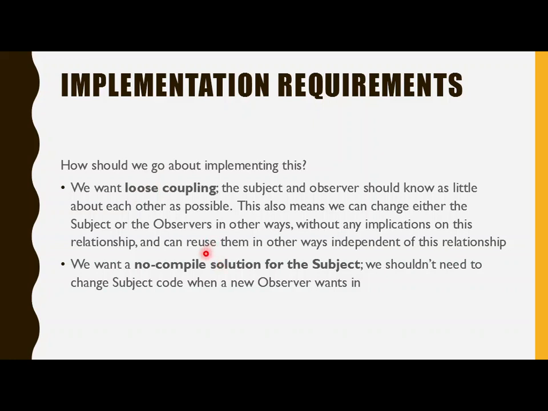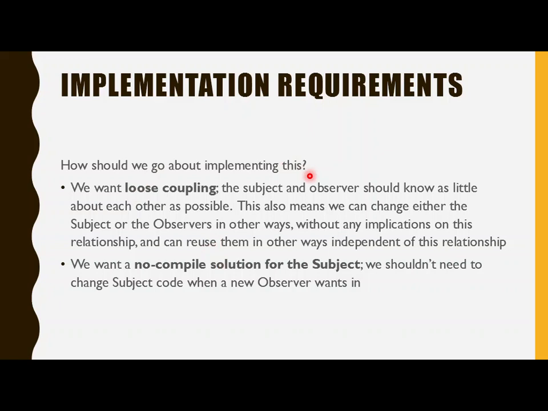So the subject should be able to register new listeners, new observers, and let them go, and there should be no requirement to recompile the subject. It shouldn't really care. So there really needs to be very loose coupling here so that we can reuse these things so that observers can pop in and pop out. That's the ideal here, right? Loose coupling and no compile for the subject.